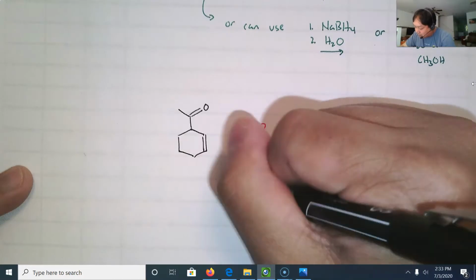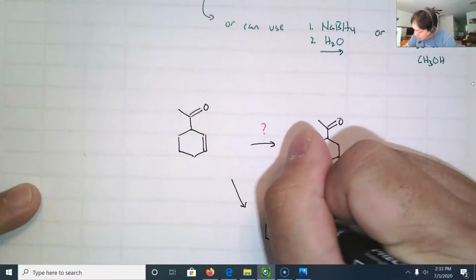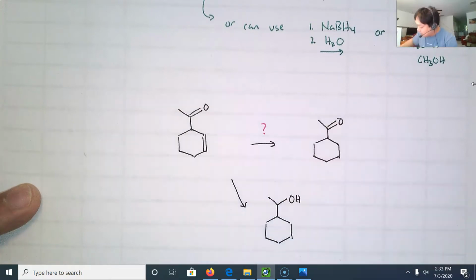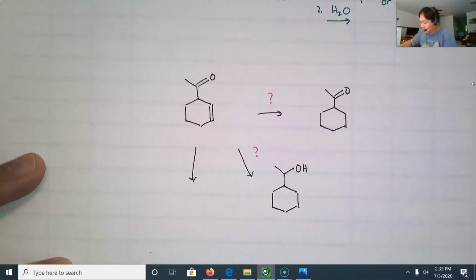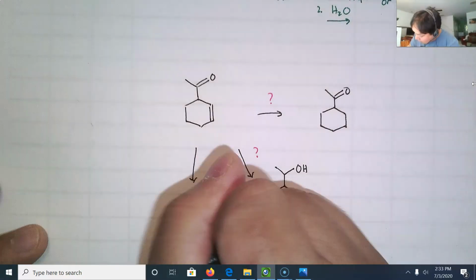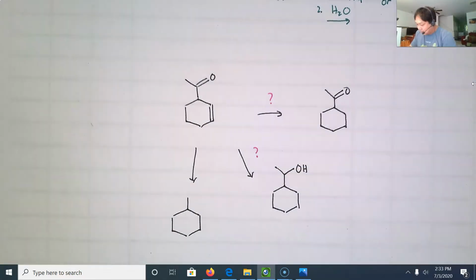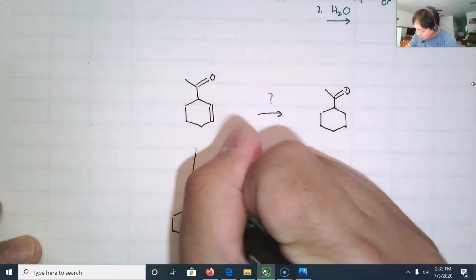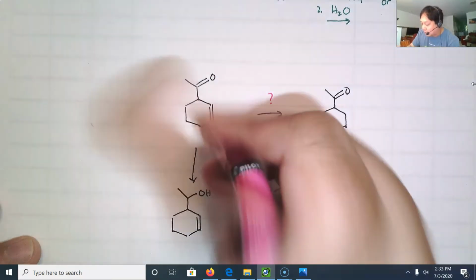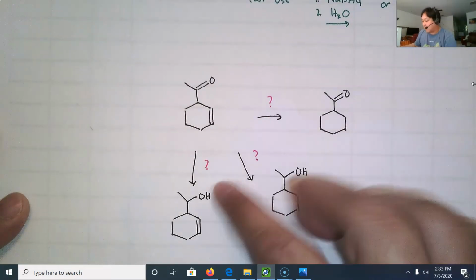If I want to reduce both, and if I only want to reduce the carbon-oxygen double bond, you look through your notes, look through the textbook. I want to keep that, and I want to get rid of this. Look through the video again, rewatch the video, and see if you could fill in your 3 arrows.